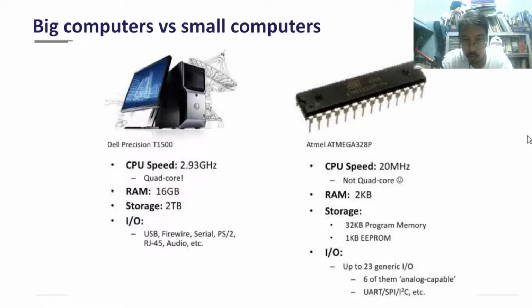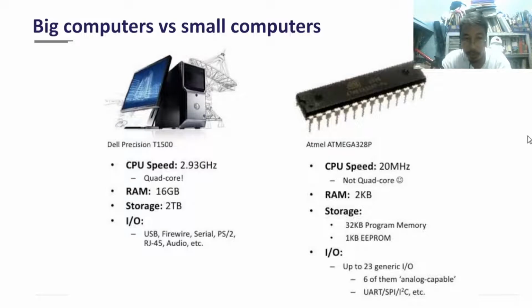While the Arduino is using a CPU with a speed of about 16 megahertz. It is not a quad core. There are 1 or 2.